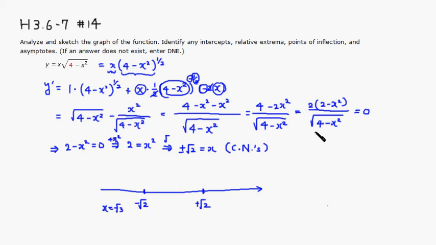So here, bottom is going to be always positive, so we don't have to worry about that, right? So you put the negative square root of 3, so it's going to be 2 minus 3, so that's going to be negative. So you have a negative here, right? Then here, let's see, so it's actually, the domain is between negative 2 and a positive 2.